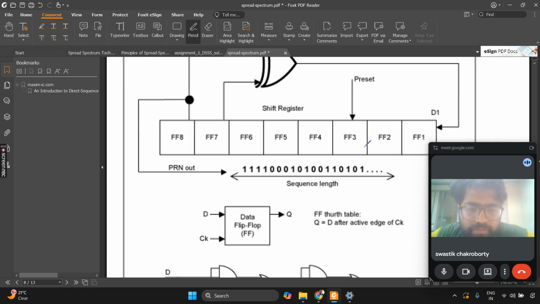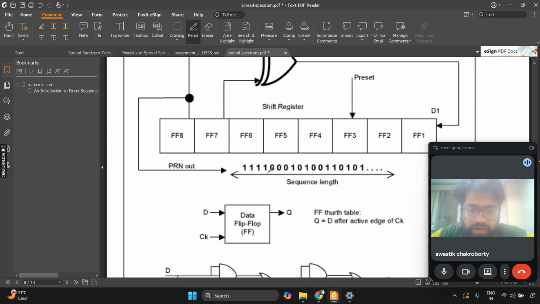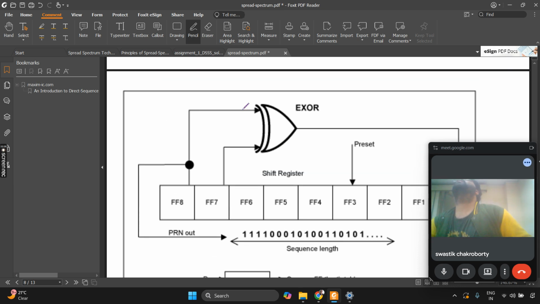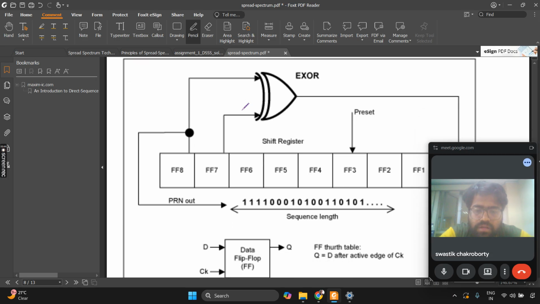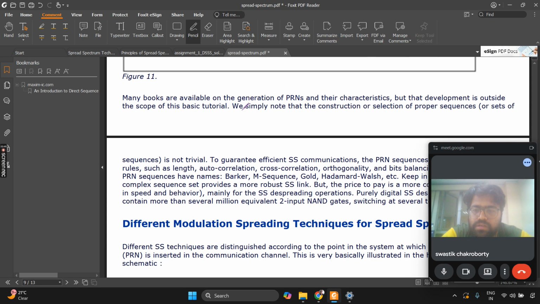Here we see a feedback shift register. Here is the register and an XOR gate. So this is the feedback shift register.